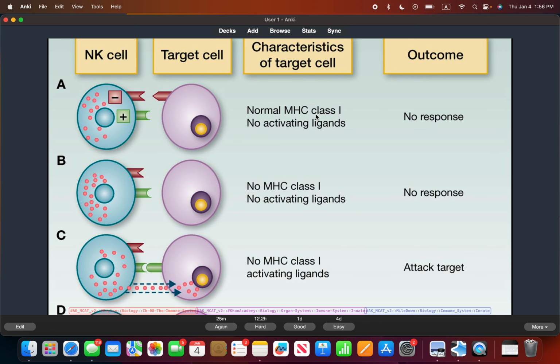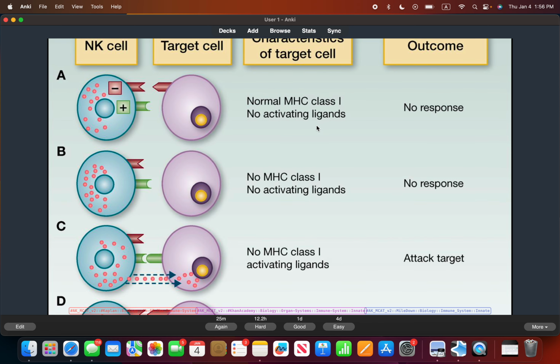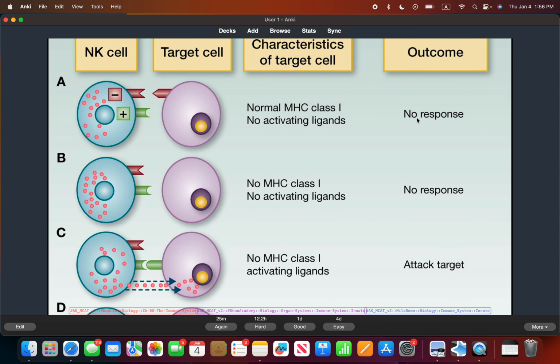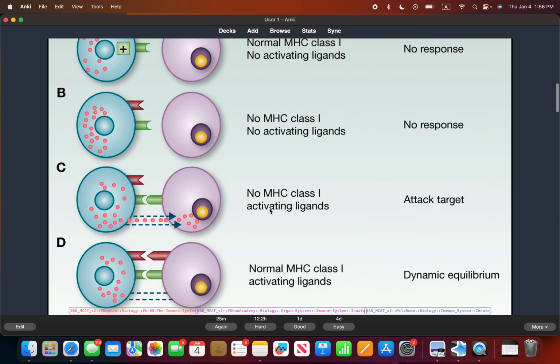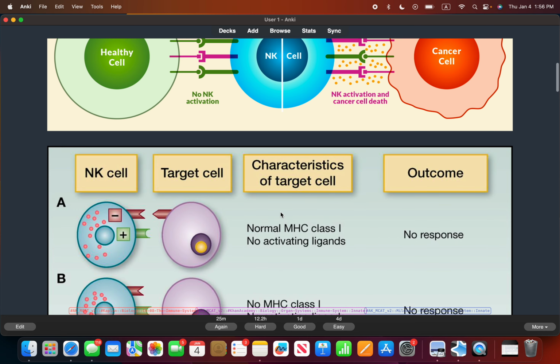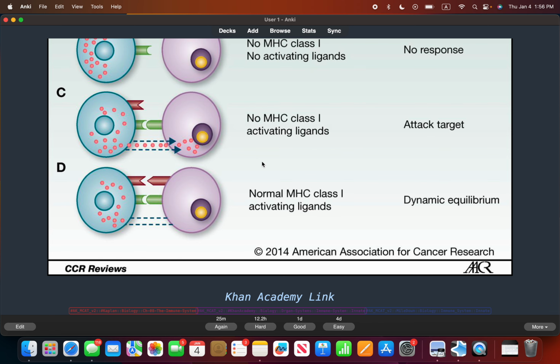Normal MHC1, no activating ligands. Outcome, no response. No MHC1, no activating ligands. No response. No MHC1, activating ligands. Attack target.